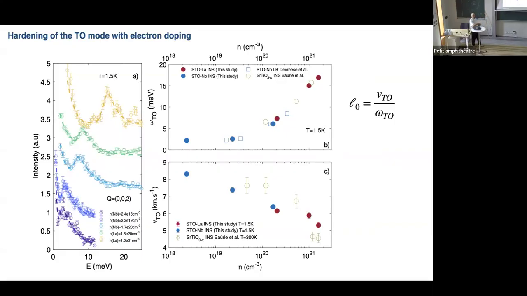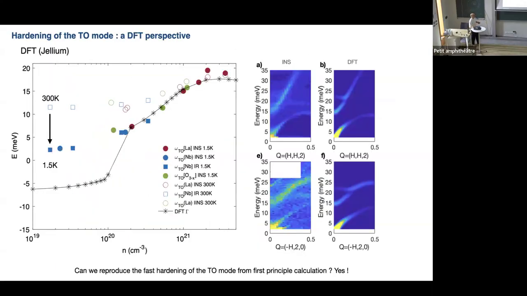No matter the way you dope it, with lanthanum, niobium, or oxygen vacancies, the hardening is the same. For us, it was not completely obvious at the beginning, because if you compare with the other lattice instability in STO, the antiferrodistortive transition, there is a strong dopant variation. So here it seems to suggest that what really matters is the electrons that you add to the system.